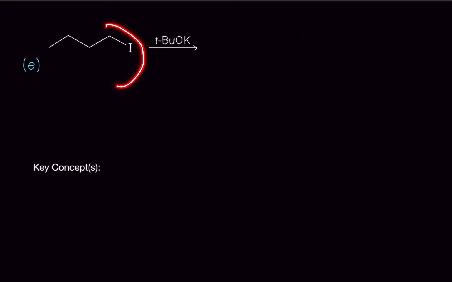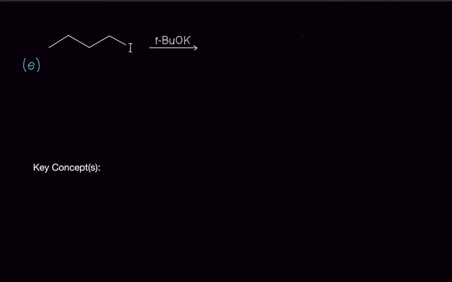However, we have a primary alkyl halide. So SN2 can work here. However, E2 will be favored, right? Because tert-butoxide is a strong base, and it's a strong nucleophile. However, SN2 really does not want to do a reaction if you have a sterically hindered nucleophile/base.